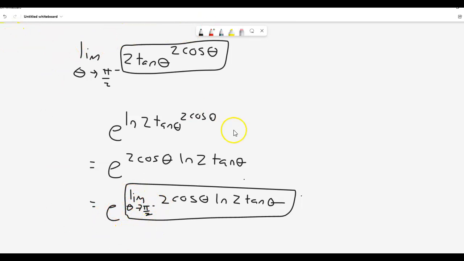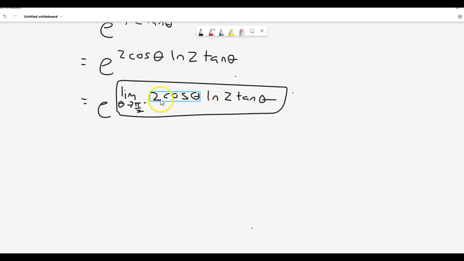All right, so let's see how we can look at this function right here in a way that allows us to use L'Hopital's rule. What I'm going to do is the limit as theta approaches pi over 2 from the left. Now, it may be able to work both ways by putting one of these on the top and one of these on the bottom.